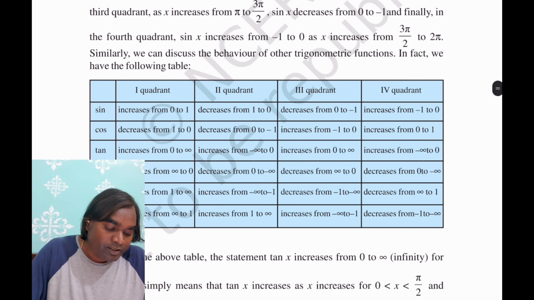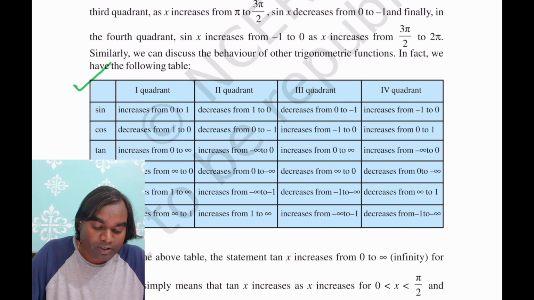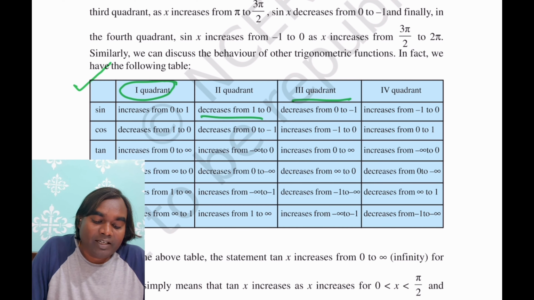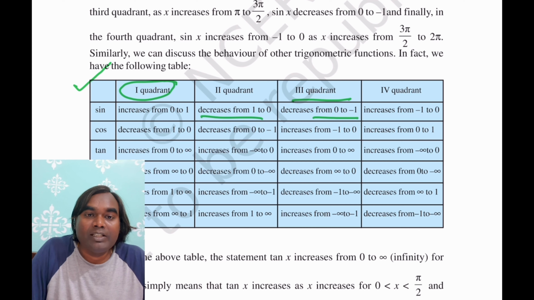Now see this table, that is very important. For different quadrants, we are given the variations of the trigonometric functions. For the first quadrant, sin increases from 0 to 1, and as we move from quadrant 1 to 2, it decreases from 1 to 0, and for the third quadrant it decreases from 0 to minus 1, and for the fourth quadrant it comes back to its initial value, minus 1 to 0.